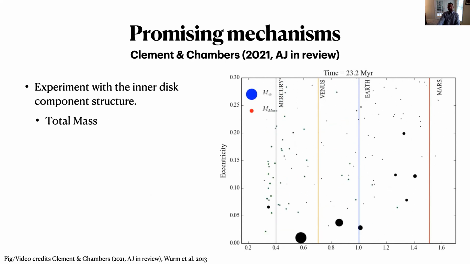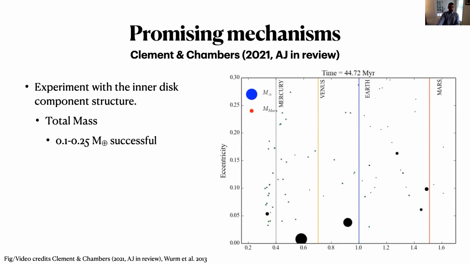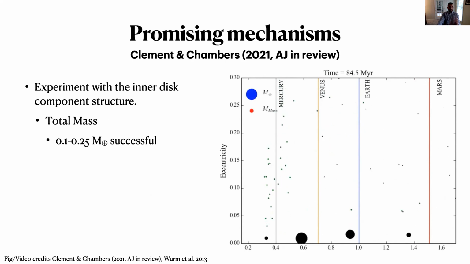For the total mass in the Mercury region, we found more moderate masses, like about a Mars mass or a little bit more, to be more successful. If the inner component's too massive, you obviously form a Mercury that is too large. However, if it is under mass, Venus ends up eating all the material and you form no Mercury.